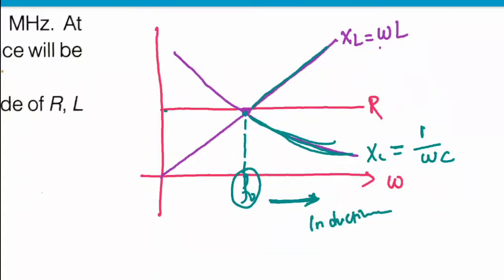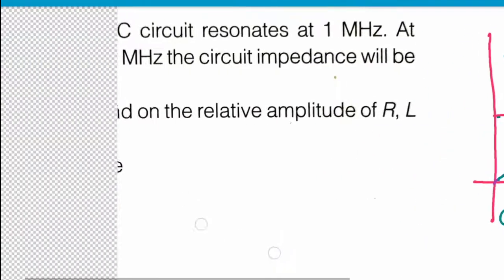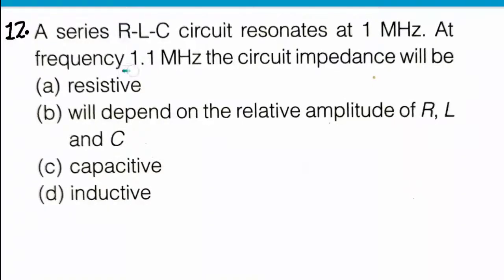In case of frequencies below the resonant frequency, XC, that is capacitive nature, is greater than inductive nature, so here it is capacitive. So the question is asking about 1.1 MHz, that means greater than the resonant frequency.